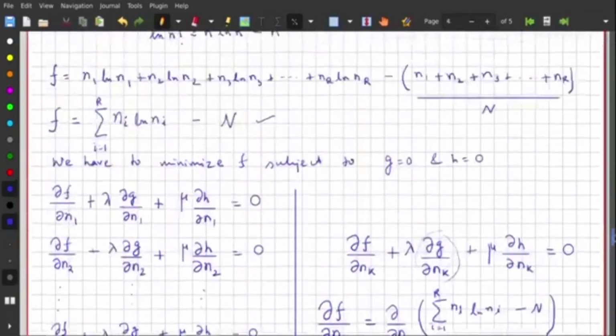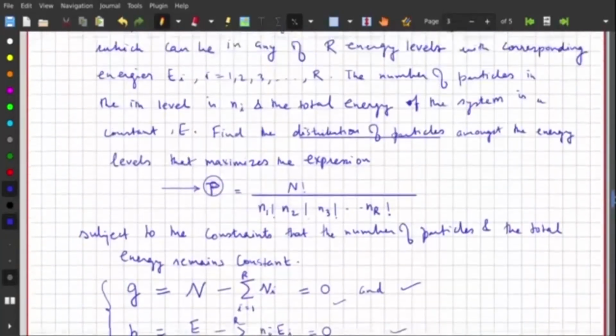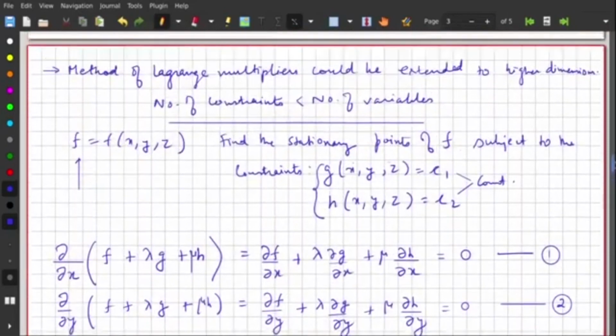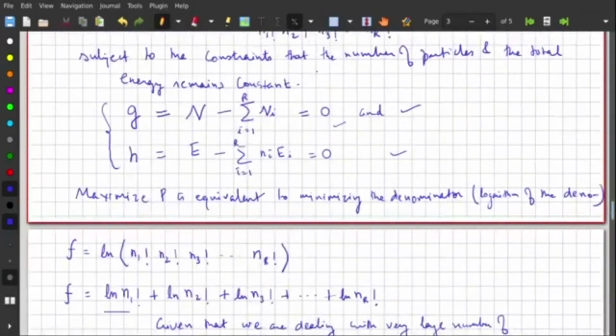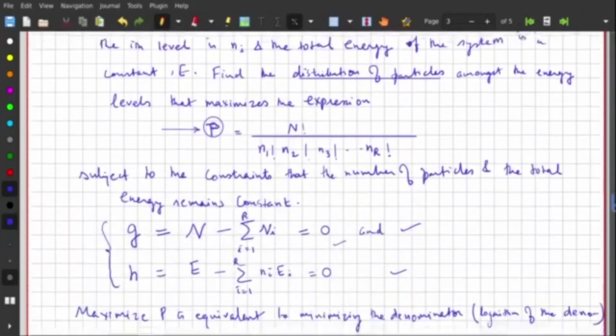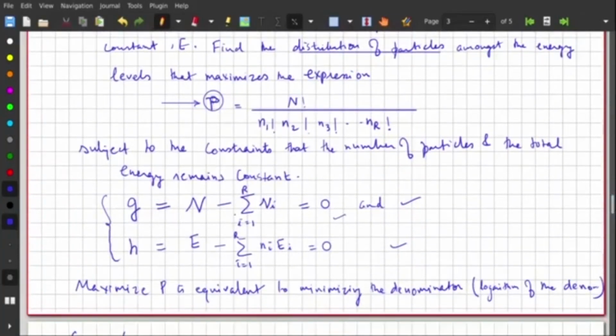And you see how we got it. This came from the natural idea of a function optimization problem subject to constraints. Remember what we did: we wanted to maximize this term P subject to the constraint of a given number of particles and a given total energy.